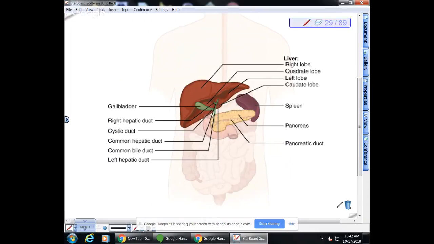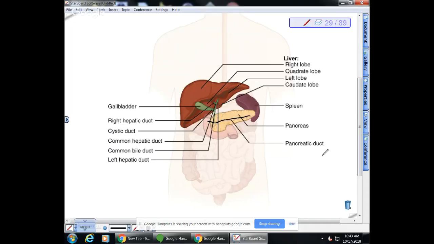And it is just situated in those mesenteries that connect all of the organs to one another and to the body cavity, holding everything in place. So we have this pancreatic duct right here. This pancreatic duct is going to dump stuff into that first part of the small intestine, which is the duodenum.